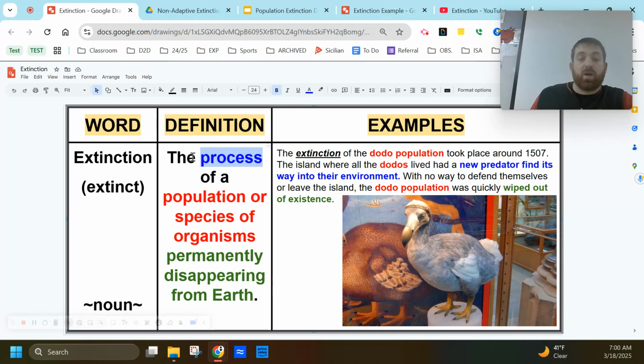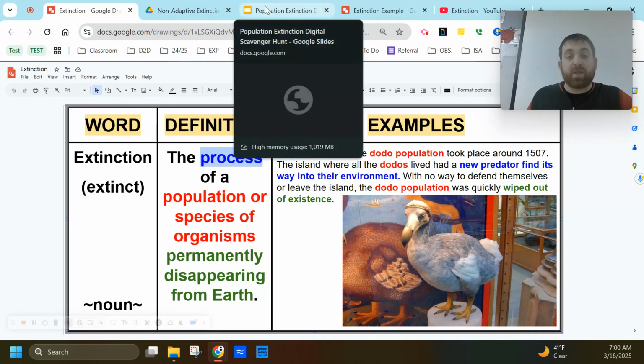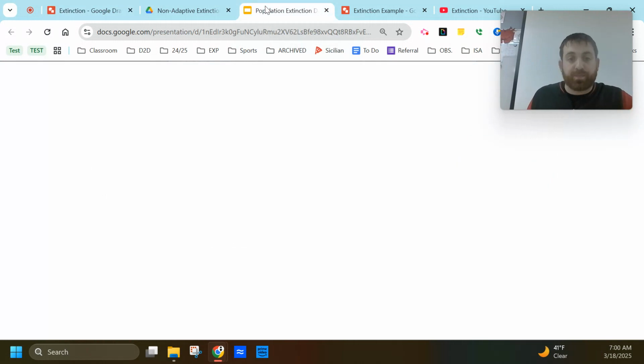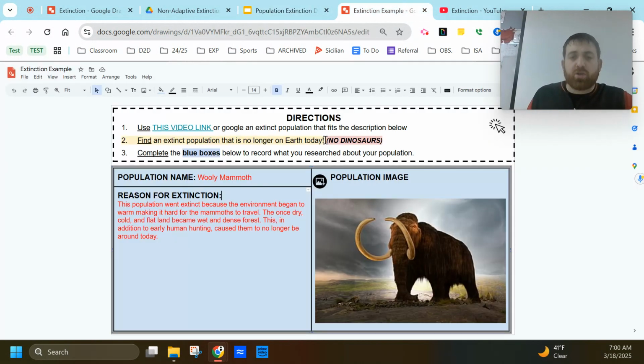Don't just say it was a predator, or don't just say it was the weather. Go into detail about what those things were, explaining in detail what caused that extinction, that process. Because usually an extinction requires either a lot of things that happen or really big things happen that we need to explain. So make sure that you're going into some detail.